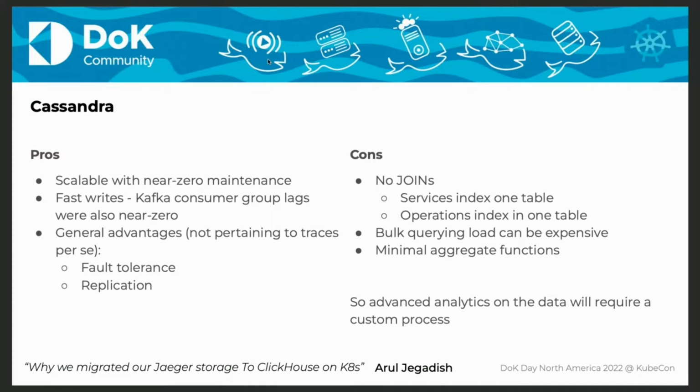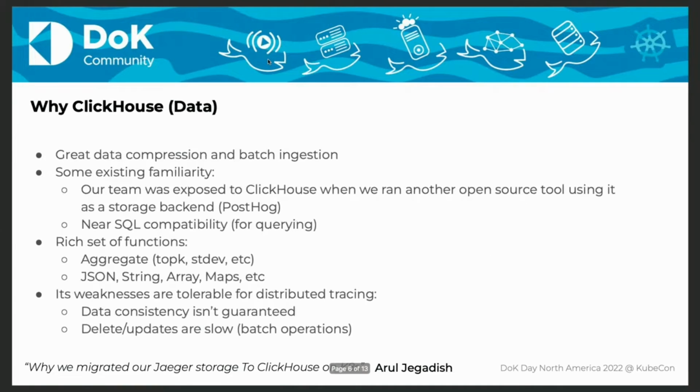That was a main requirement for us. The other disadvantage is that the resource usage with Cassandra, with respect to storage, memory, and CPU, was on the higher side. And we were running this at scale, so we were looking for a more optimized solution. So next slide, please. That's when we actually looked at ClickHouse.